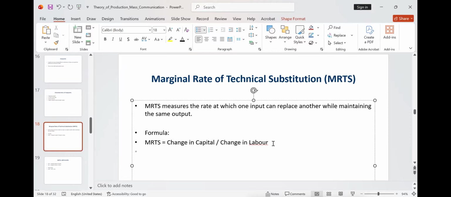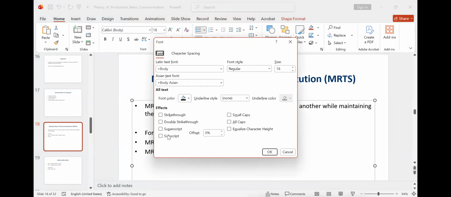If I type MRTS, LK, let me put that in subscript.